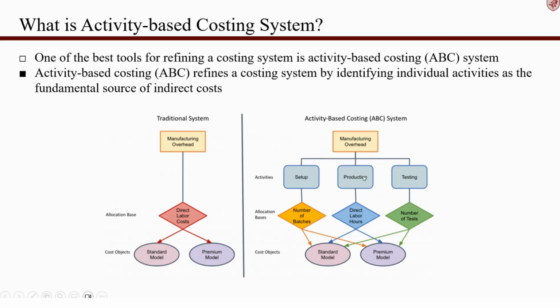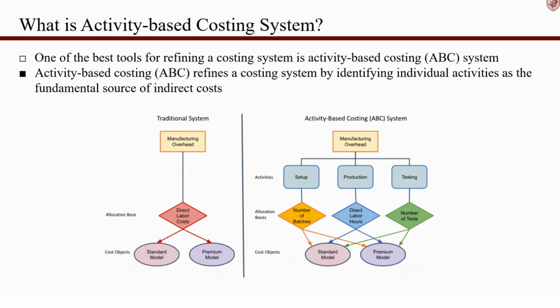Individual activities usually have different consumption of resources and different allocation bases. So on the left-hand side, you see a traditional job costing system where you have only one single allocation base, such as the labor cost, and that is used to allocate to different cost objects.